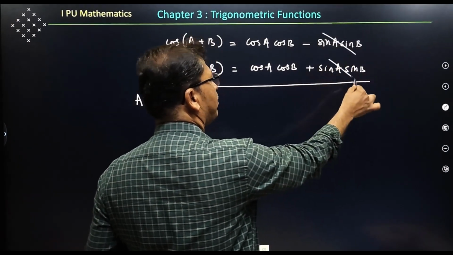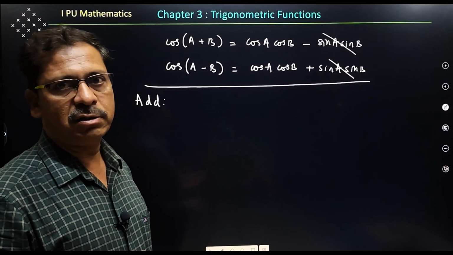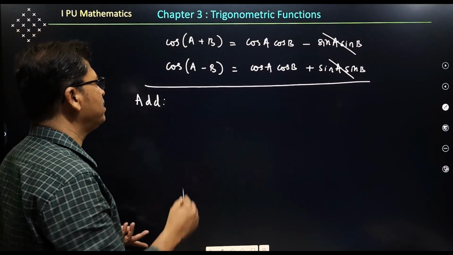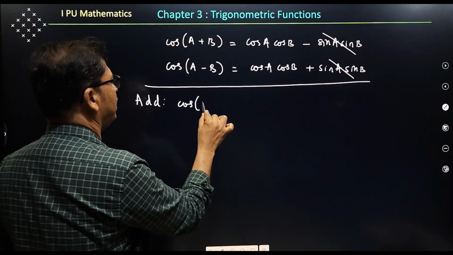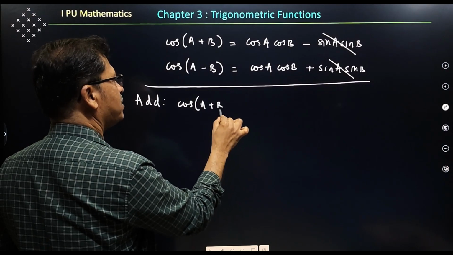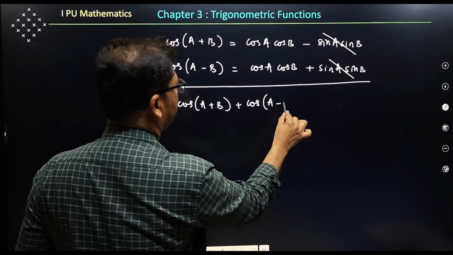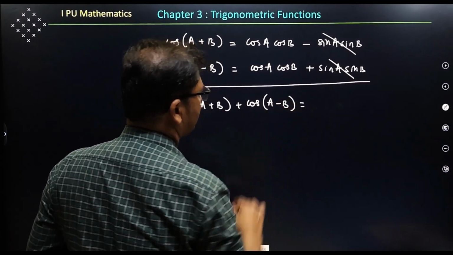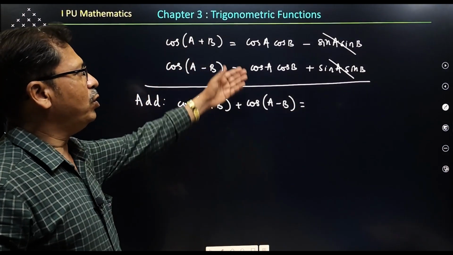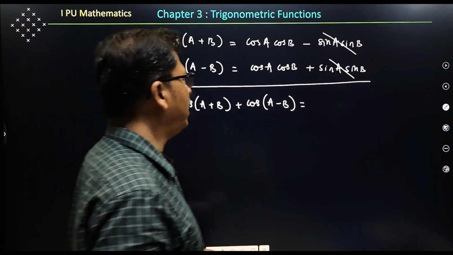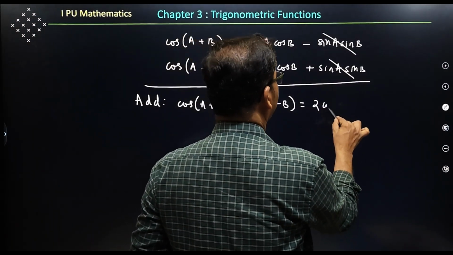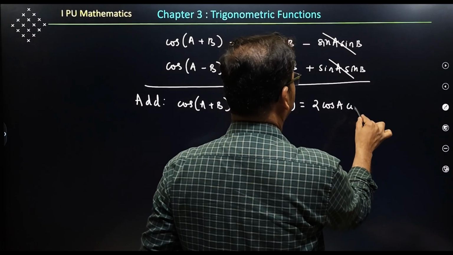Minus sin a sin b and plus sin a sin b cancels. Write the remaining things: cos of a plus b plus cos of a minus b is equal to cos a cos b plus another cos a cos b, that is 2 times cos a into cos b.